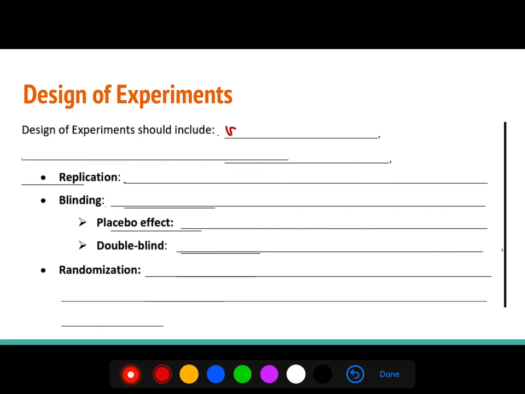Now let's look at some designs of experiments. In a design of experiments, we should have replication, randomization, and blinding.